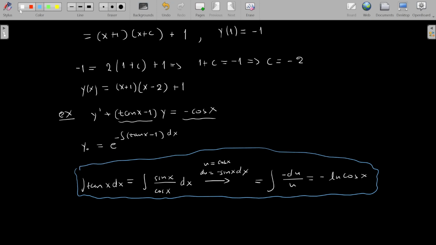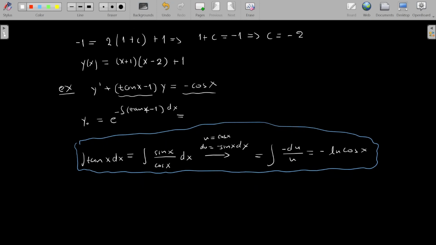Now if we return here, this can be written as minus what you found, so e to the ln cos of x, plus x plus a constant.